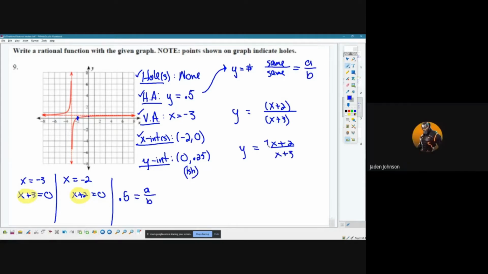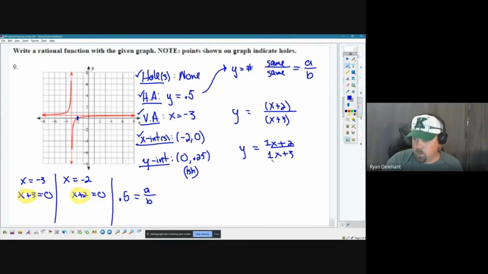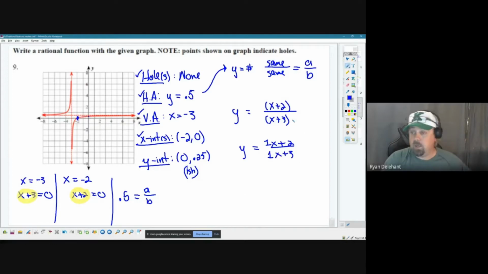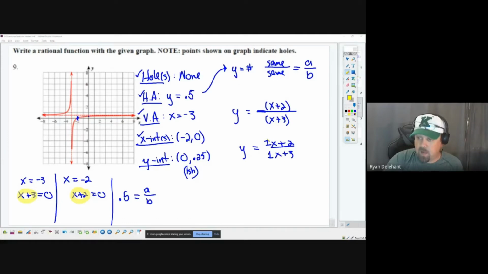That's right, Kia. And then that means this one's a 1. So if we were to use this equation the way that it's written, is 1 divided by 1 going to give us the 0.5? No. So what we need to do is put numbers out here that make it so when we look at the lead coefficient, we get 0.5 when we divide them.